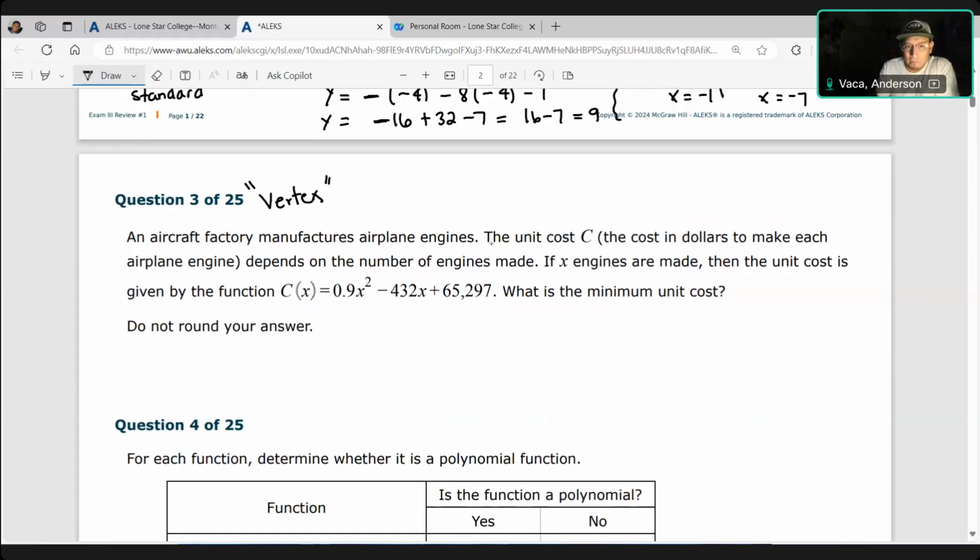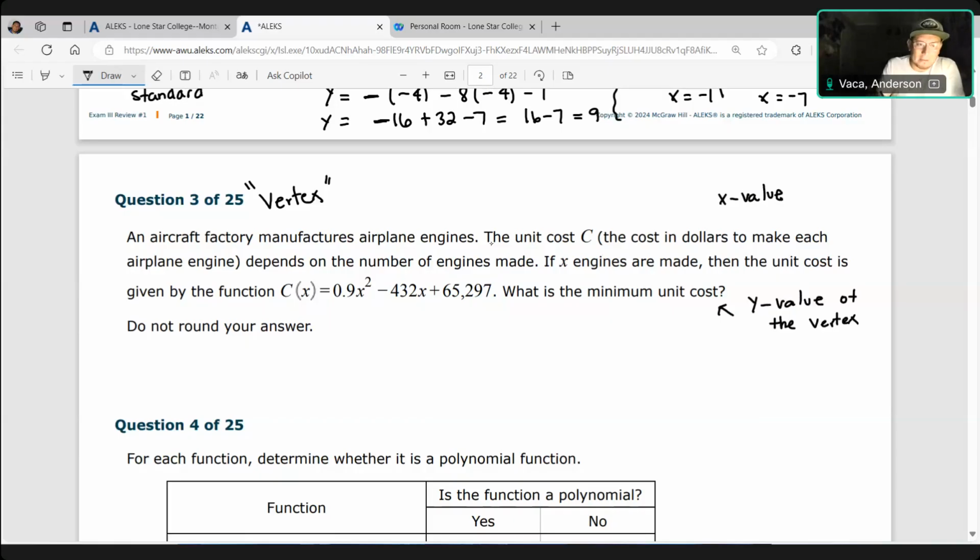When we answer this question, the fact that they're asking for cost means they're asking for the y value of the vertex. But we need to find the x value first, so that we know how many engines are made to minimize the cost.